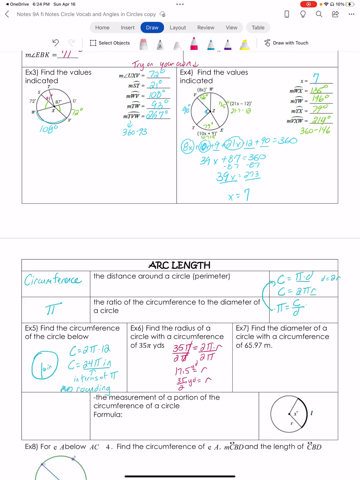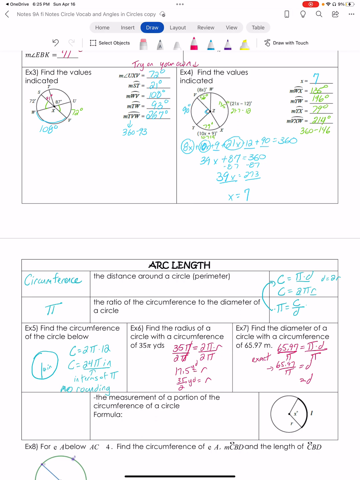Okay, and then the last one says find the diameter of a circle with a circumference of 65.97 meters. Okay, so I know circumference is equal to pi times diameter. So I know 65.97 is equal to pi times diameter. So I divide each part by pi. So my diameter is equal to 65.97 over pi. This would be your exact answer if you divide it out by pi. And do not use 3.14. You're going to use the pi button on your calculator.